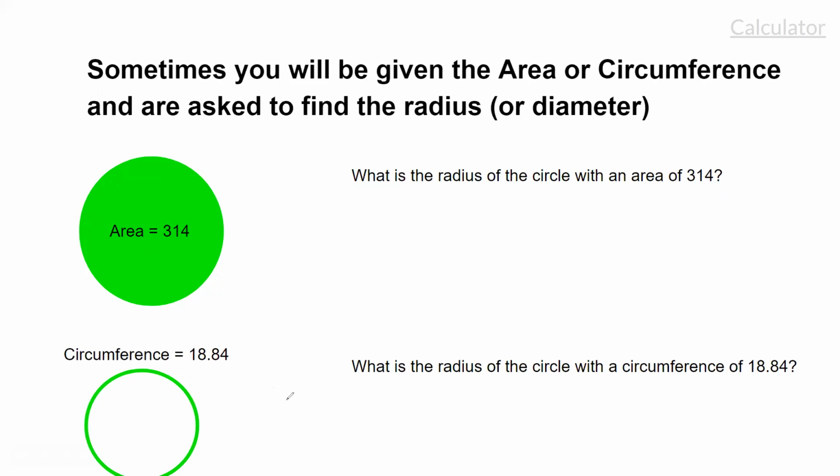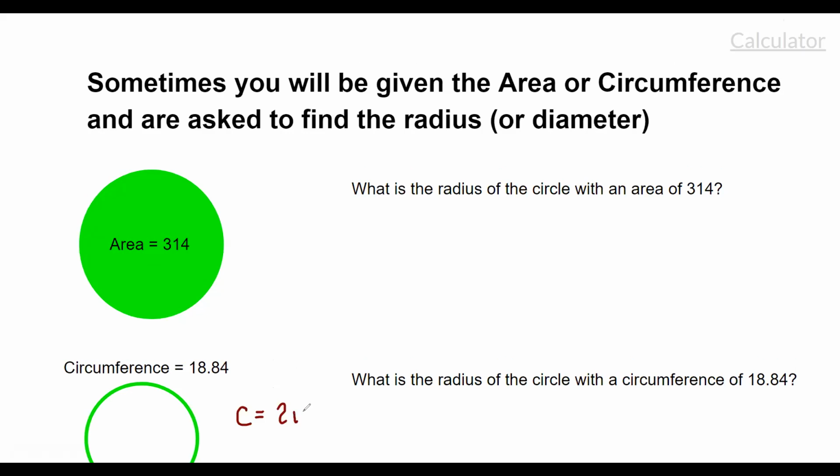Circumference is equal to 2 times pi times our radius. Let's fill in what we know. We know that the circumference is 18.84. And that's equal to 2. And instead of pi this time, I'm going to write 3.14 and r.